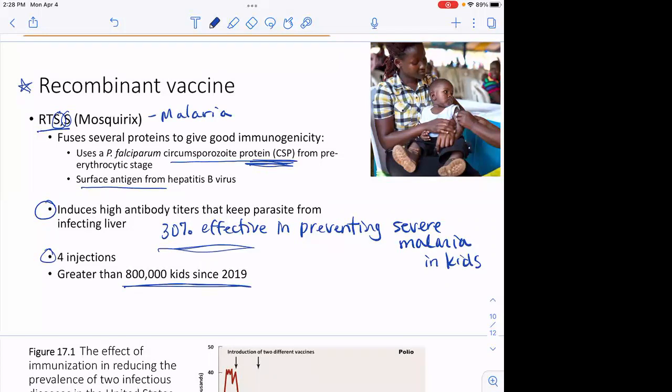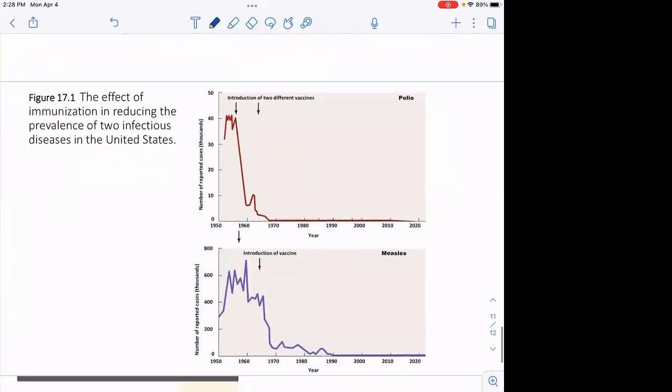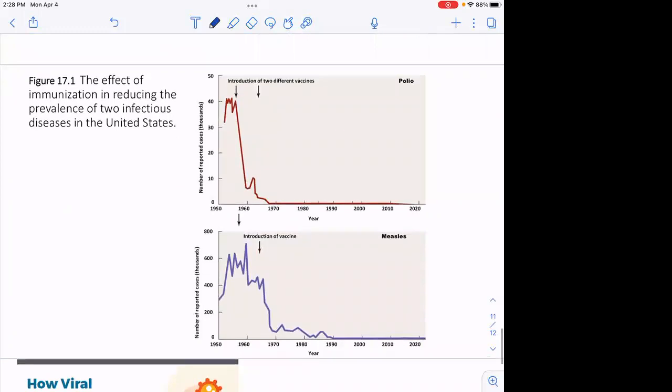Okay. So just to wrap up talking about vaccines, we talked about the different kinds that are in use. There's really no arguing with the tremendous benefits that vaccines have been for us.